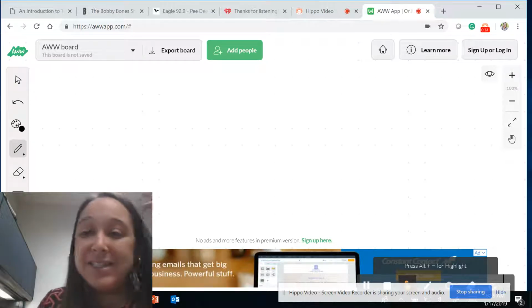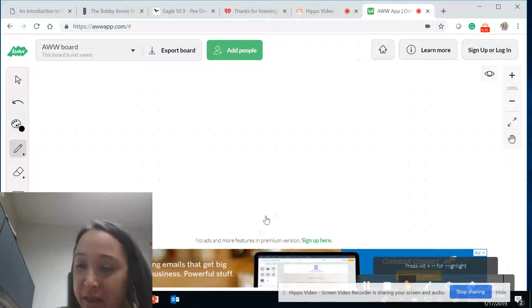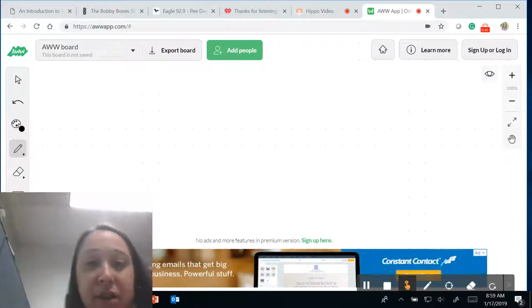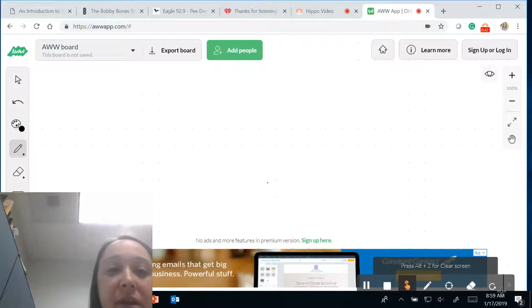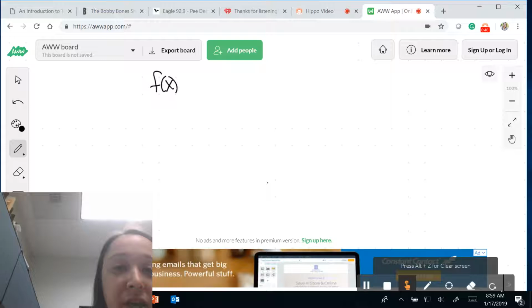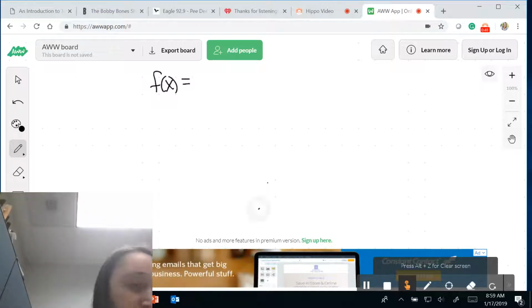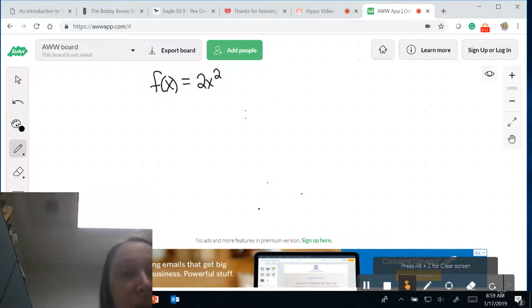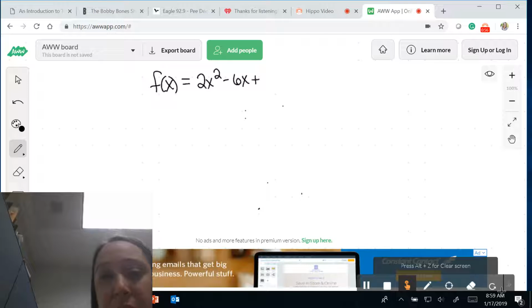So let's say that I give you the problem, and I'm going to have to move this screen so you stay with me. If I ask you to take f of x, which is equal to 2x squared minus 6x plus 1.